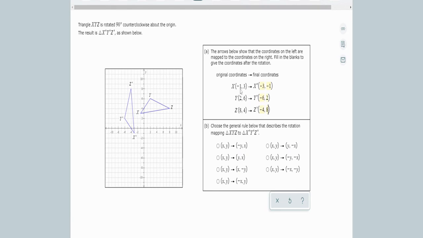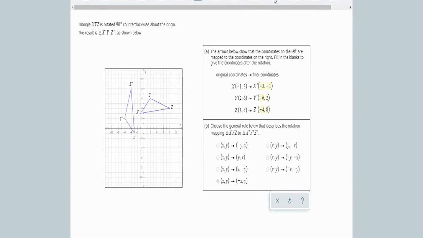So the X value becomes the Y value, and the Y value in the first one becomes the X value. So it's Y becomes the -X, and X becomes the Y. Okay, so it looks to me like it's this rule right here.